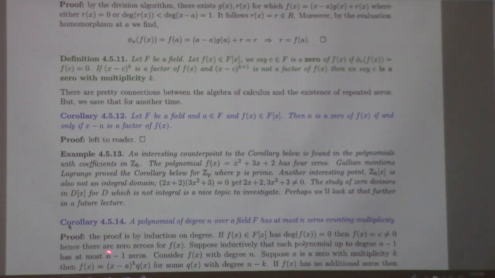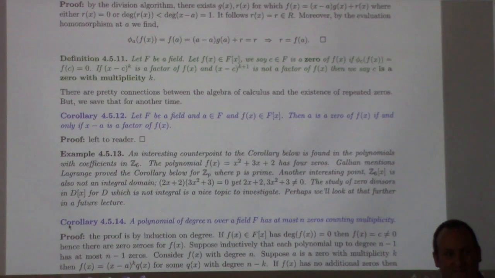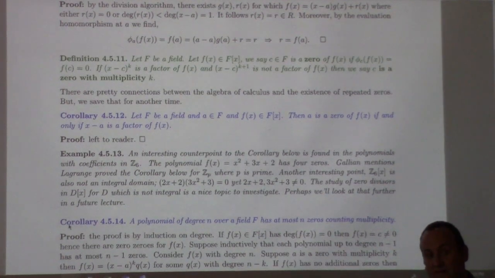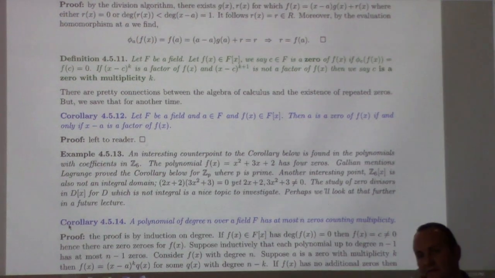Now, I have a direct proof here by induction on the degree, but I think proof by contradiction is the nicest one. Just think about it. Suppose you had n plus 1 zeros, right? You can apply the factor theorem right here, right? Each distinct zero gets you a what? A factor of x minus c. So you've got x minus c1, x minus c2, x minus c3, c4, all the way out to x minus c(n+1), if you had n plus 1 zeros, possibly repeated, okay?